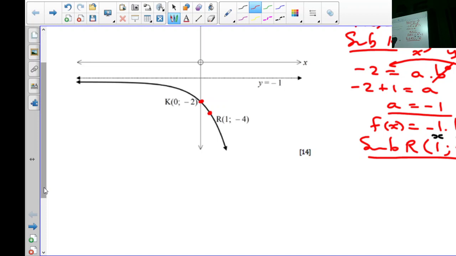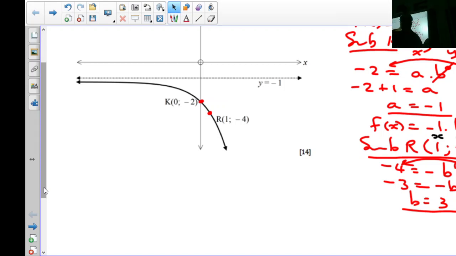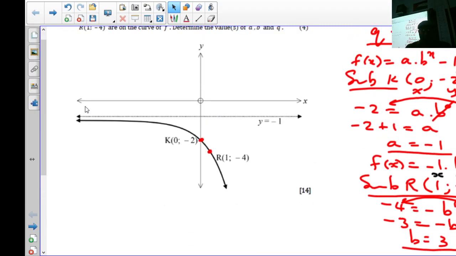So we have negative 4 equals negative 1 times b to the 1 minus 1. So I take that over. We have negative 4 plus 1, which is negative 3, minus b. B is 3. Okay, so there we got our values for a, b, and q. So that brings us to the end of question 5.